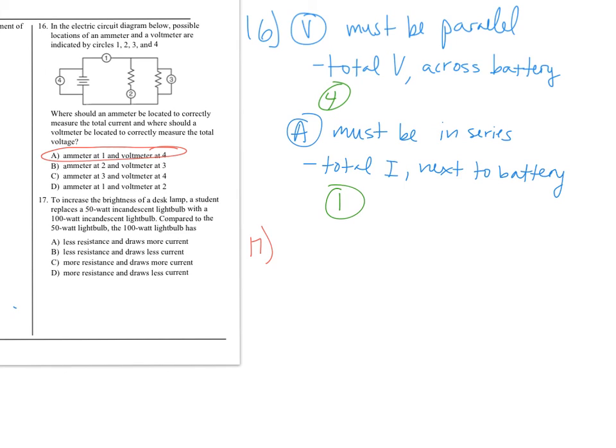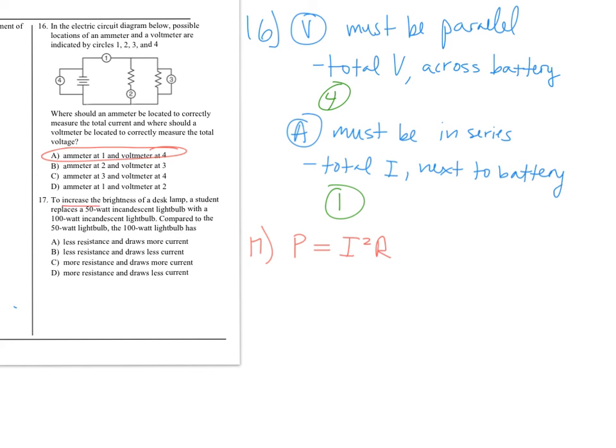To increase the brightness of a desk lamp, a student replaces the 50-watt incandescent light bulb with a 100-watt incandescent light bulb. Compared to the 50-watt light bulb, the 100-watt light bulb has... Okay, so here we're using resistance and current. P is equal to I squared R. All right, so what is happening here?